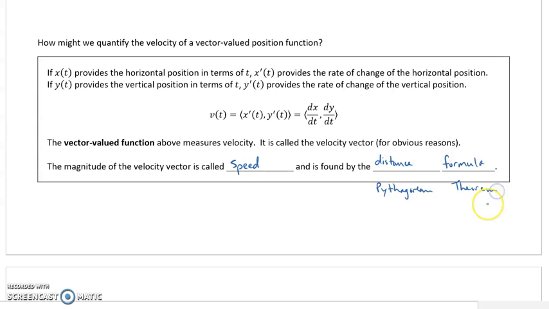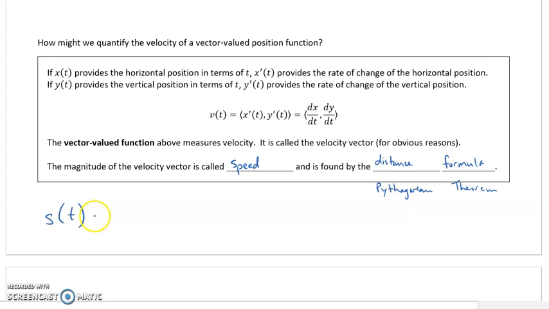there we go. All right, so to find the velocity function, we take the derivative with respect to time of the x and the y positions, and we just leave it in vector form. We leave it in component form. If we wanted to find the speed of the particle at a given time, that's not going to be a vector. That's going to be the magnitude of the vector.